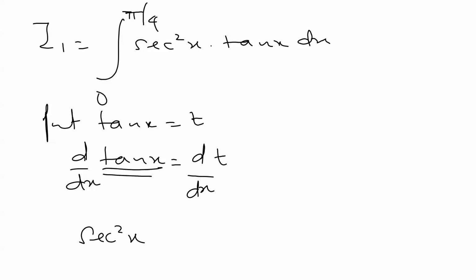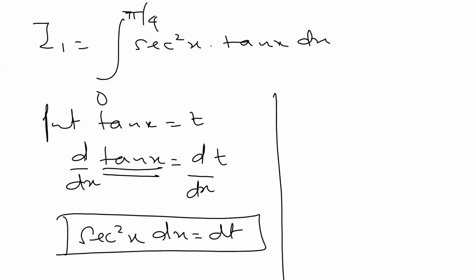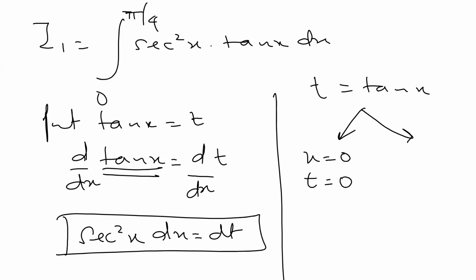So sec square x dx I will shift on the left hand side, equal to dt. The value of t is tan x; when x is equal to 0, tan 0 is 0. When x is equal to pi by 4, t is equal to 1.